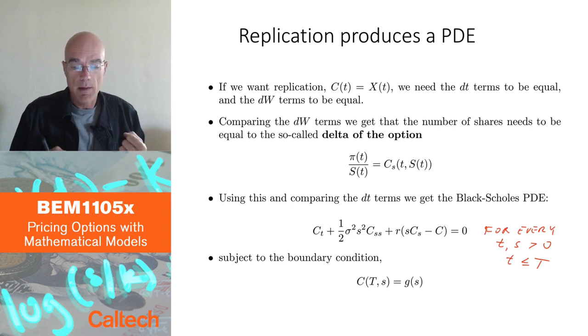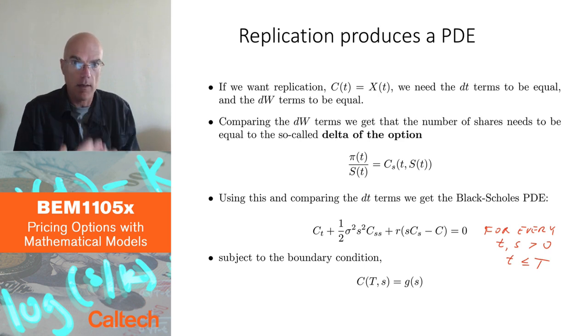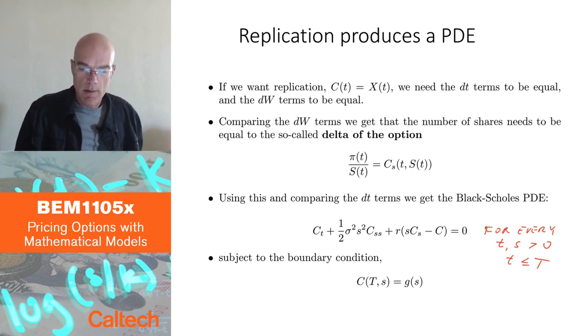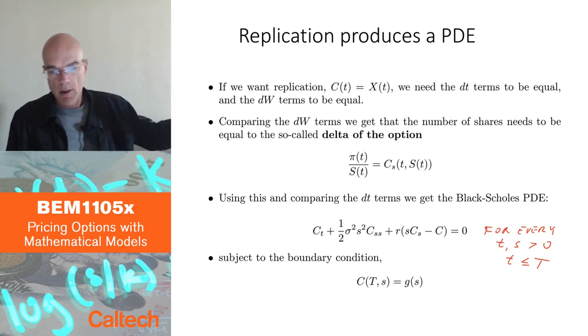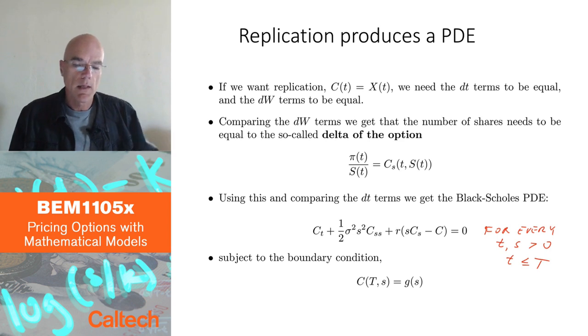They found a strategy which would eliminate the risk by trading in the stock and the option. You eliminate the risk, and then by no arbitrage, that strategy has to be equal to holding money in the bank. So effectively, they replicated the bank account by the option and the stock. But it's the same thing. They got the same differential equation, whether you're replicating the option with the stock and the bank account, or the bank account with the stock and the option. Pretty much, it's the same thing.